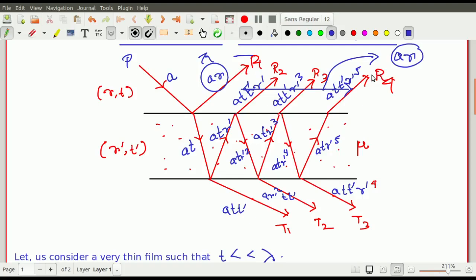Definitely not, because this one suffers an extra phase change of pi due to sudden reflection from the denser medium, which is not the case for the others। so that is why these two, এই যে দুইজন, they should be connected with a negative sign because the first one has an opposite phase type of feature which we have written। so আমরা এটা কোথা থেকে পেয়েছি?